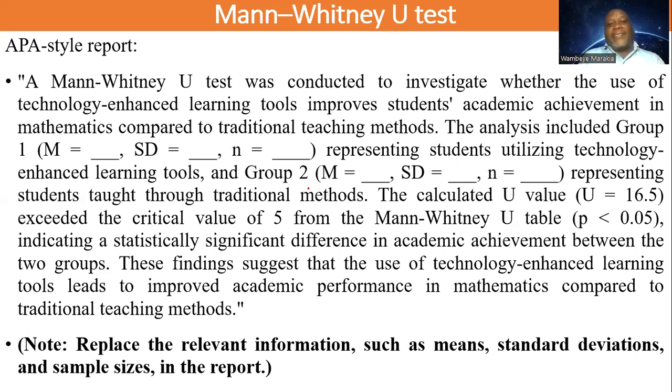These findings suggest that the use of technology-enhanced learning tools leads to improved academic performance in mathematics compared to the traditional methods. So this is like a template we are using to insert our values. In the next template, I have inserted the mean, the standard deviation, and the sample size so that we can have a complete picture of what we are supposed to report.